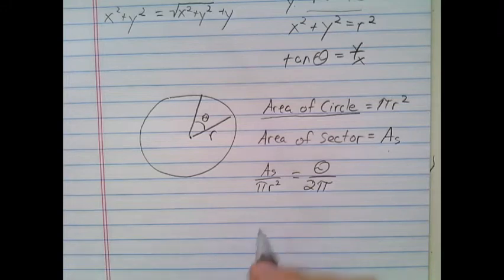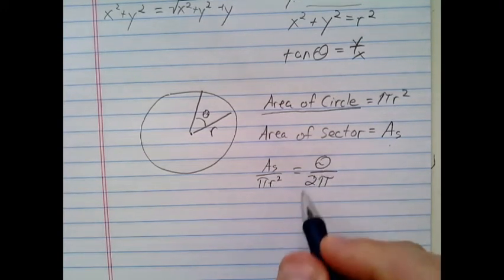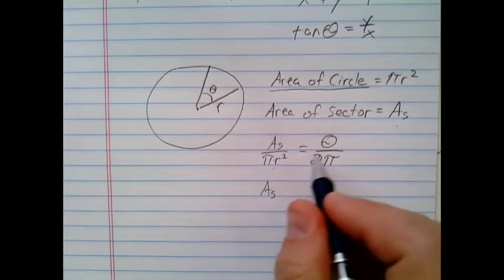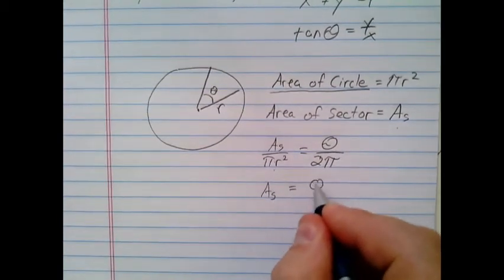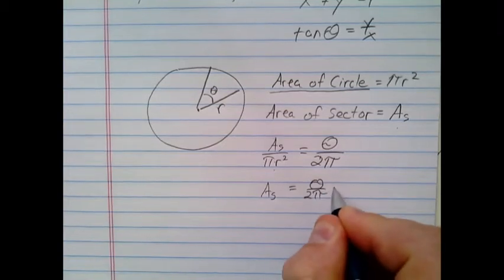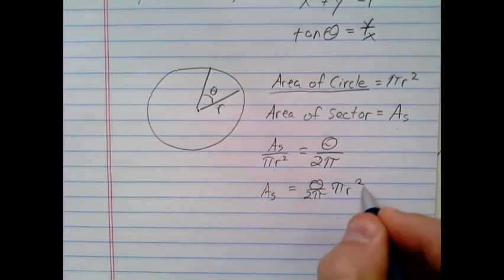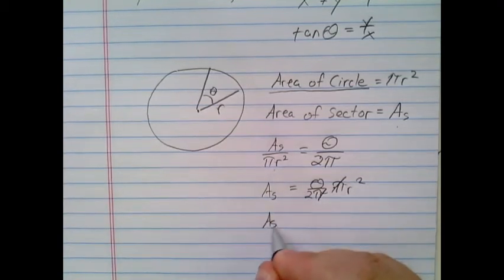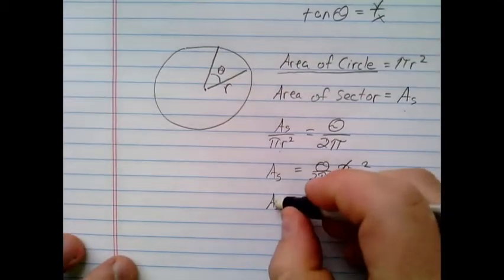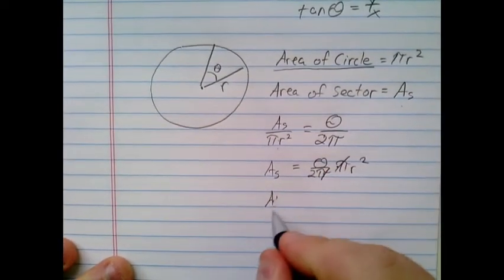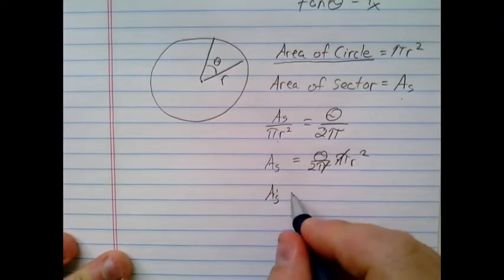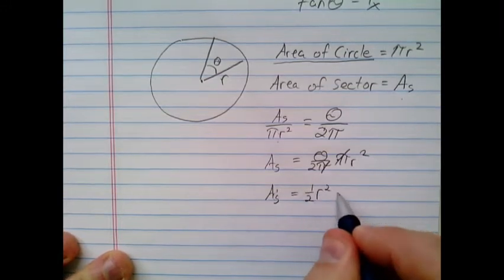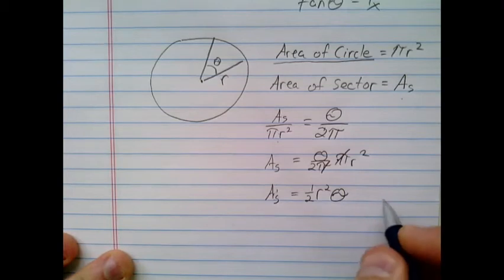Okay, so now if I want to get a formula for the area of my sector, I can just move this pi r squared up here and say, well that's theta over 2 pi times pi r squared. Do a little canceling, and I get that A sub s, the area of my sector, is 1/2 r squared theta.